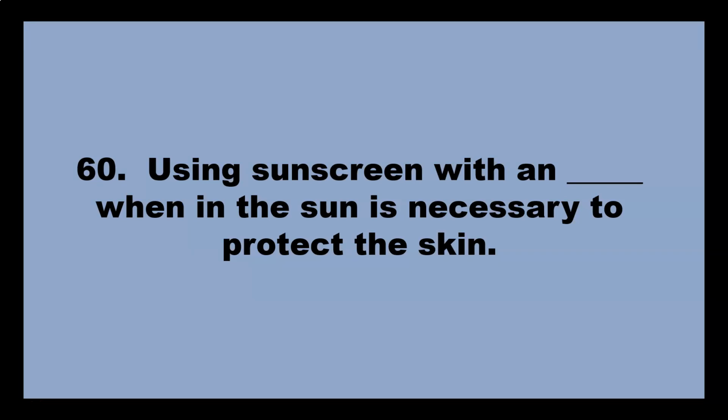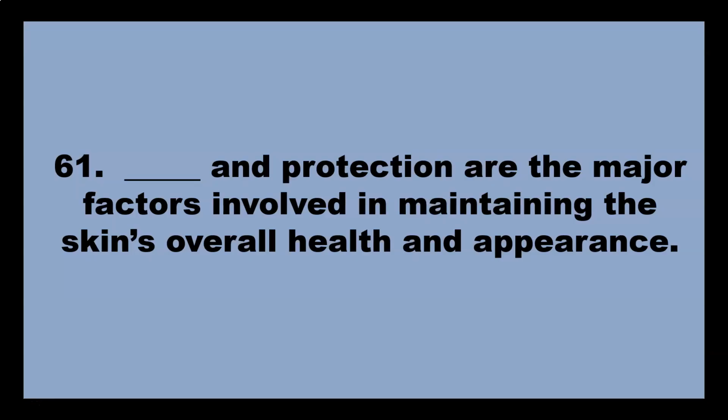Using sunscreen with an blank when in the sun is necessary to protect the skin. Blank and protection are the major factors involved in maintaining the skin's overall health and appearance.